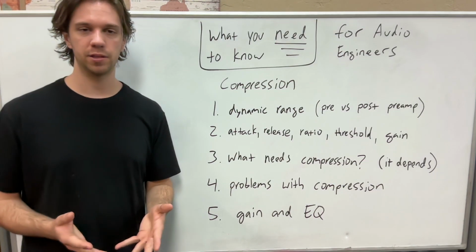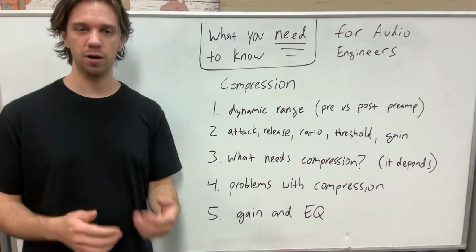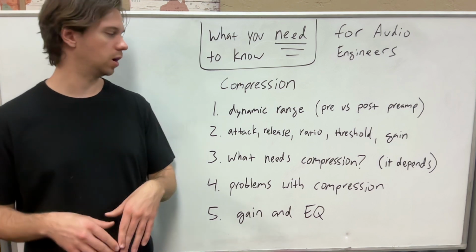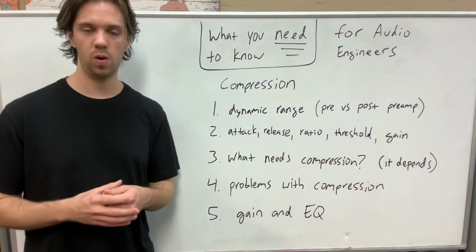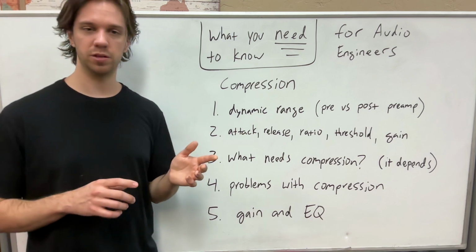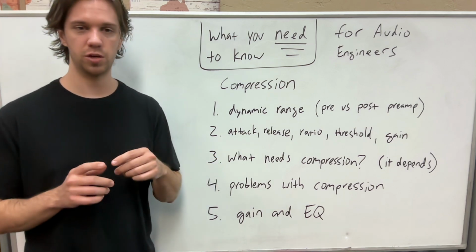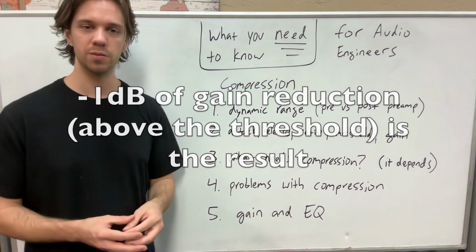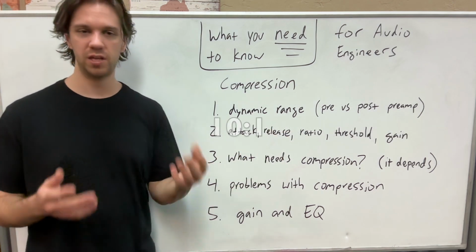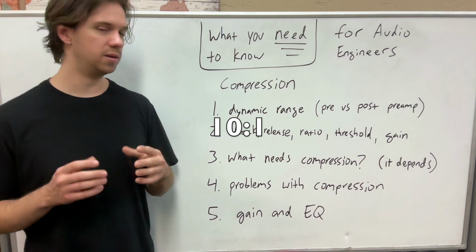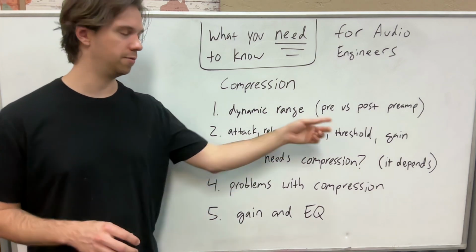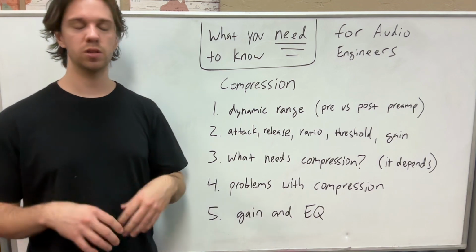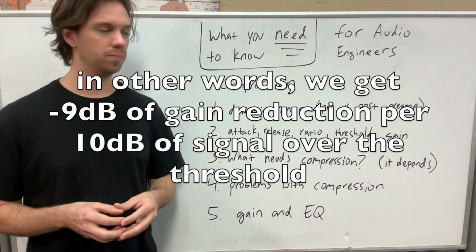So the ratio acts, and the compression acts, above the threshold. If you have a compression ratio of 2 to 1, for every 2 decibels that the signal reaches above the threshold, the signal will be reduced to 1 decibel. If you have a ratio of 10 to 1, every 10 decibels that the signal reaches above the threshold will be reduced to 1 decibel.